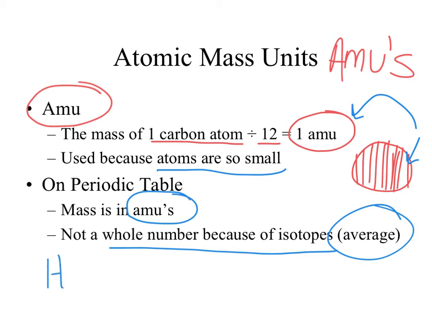So remember, something like hydrogen can be hydrogen 2, it can be hydrogen 1, and even occasionally hydrogen 3. So when you do a weighted average of all those different masses, you end up with not a perfect whole number. So again, just a little recap on the periodic table and why we do have AMUs on the periodic table. They're not often whole numbers. It's the average of all the different isotopes.